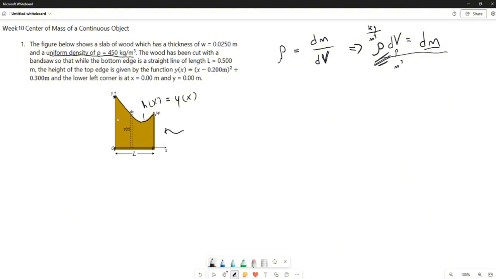Center of mass is really useful. Sorry, I kind of went ahead, but it's useful because in mechanics, any object's motion, say a baton spinning, is actually spinning around its center of mass coordinate.